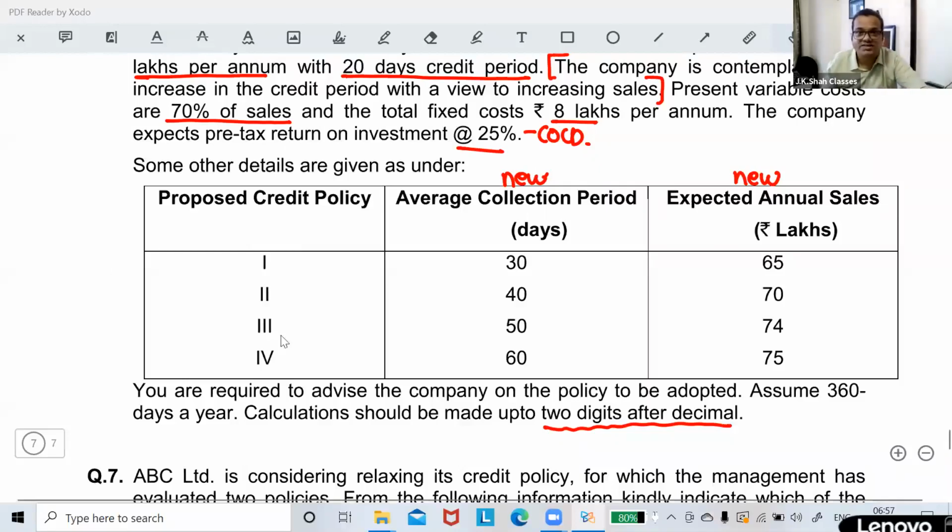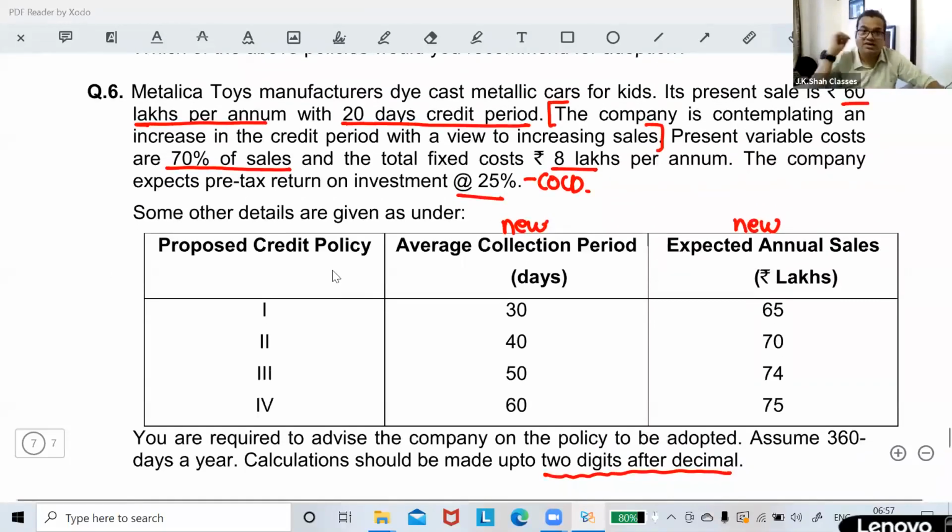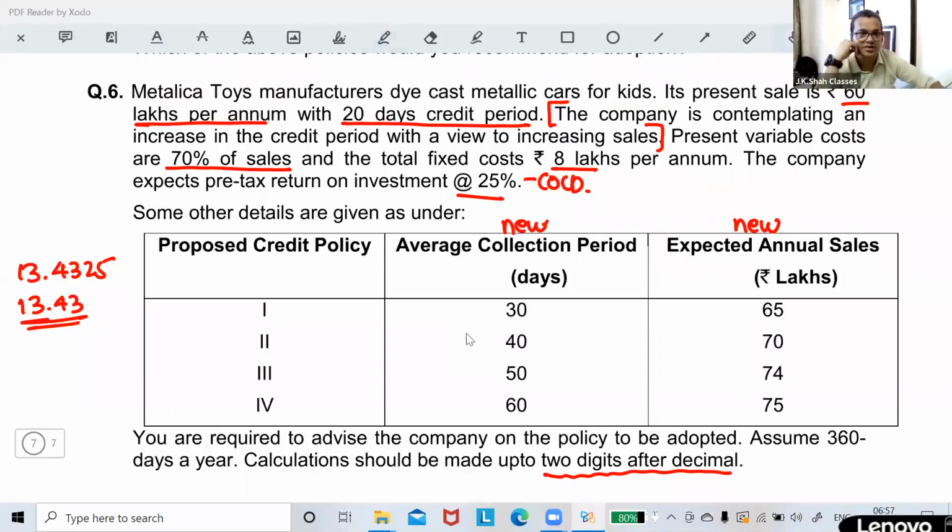No odd values are there as such. Suppose the answer comes 13.4325, round it off to 13.43. That's what they are saying. I hope you understand, rounding off to 2 digits after decimal, right?